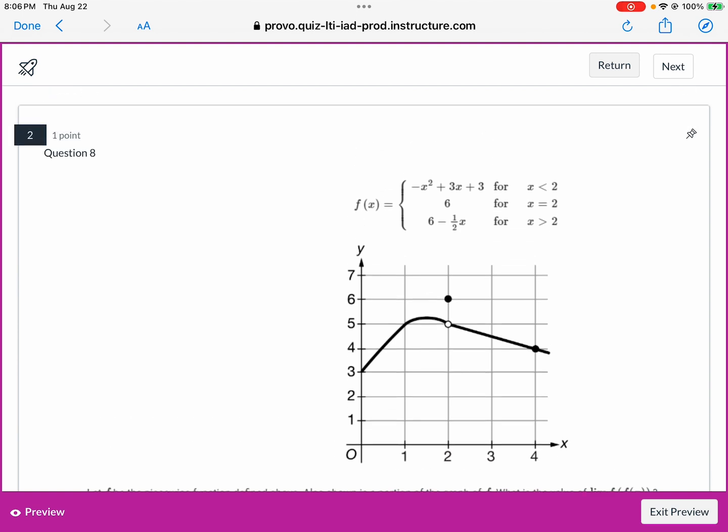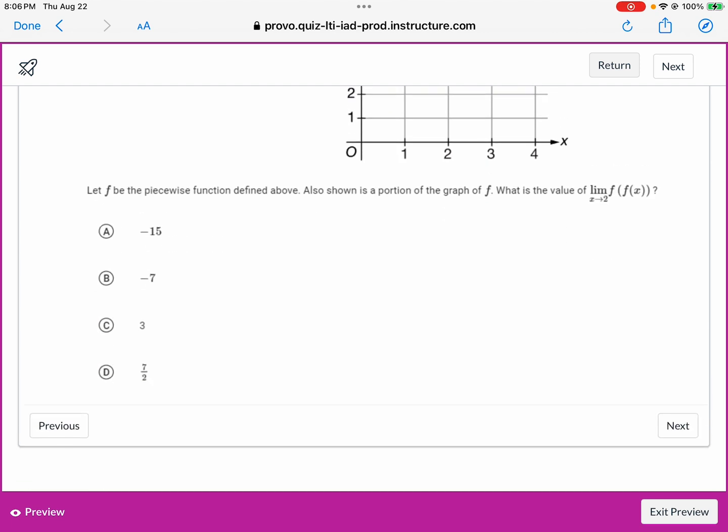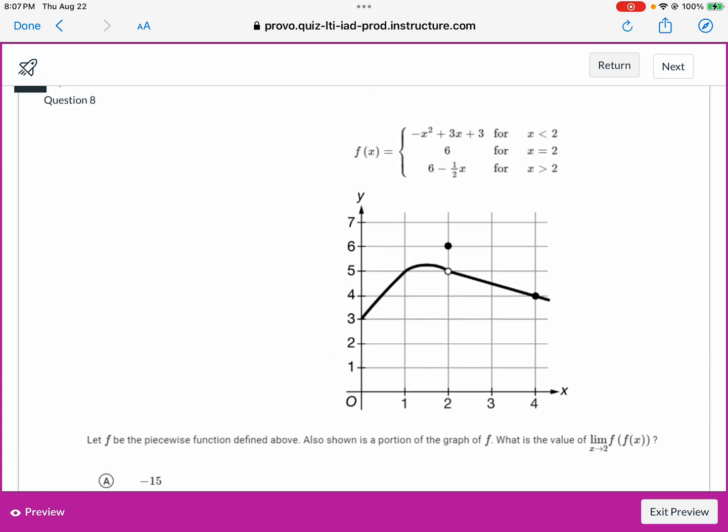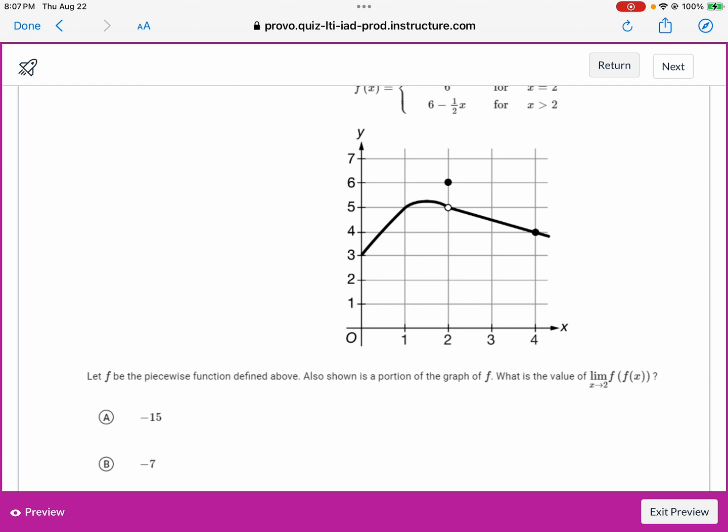You have to use the piece of the function 6 minus 1/2 x, because that's how the graph is defined at x equals 5. So just follow the rules for compositions and that should get you in the right place. Just know that you're probably going to have to use some substitution instead of just evaluating a limit from a graph. Okay.